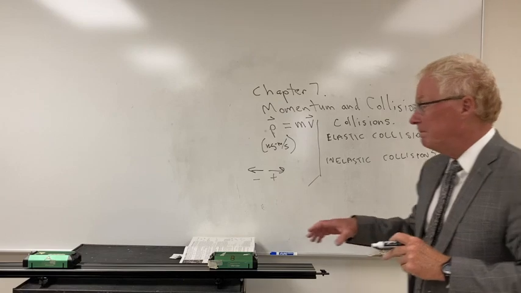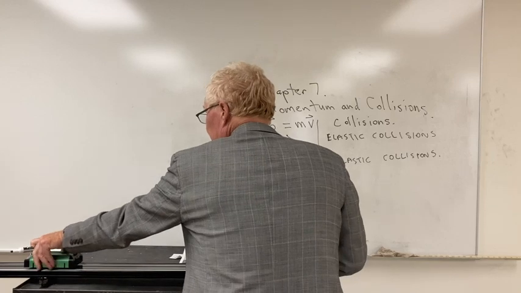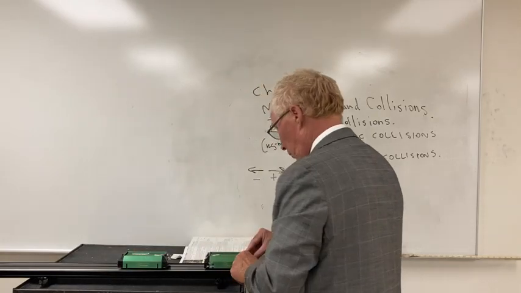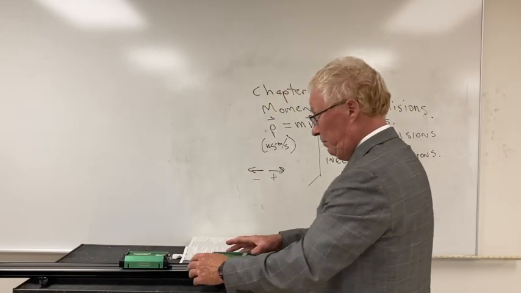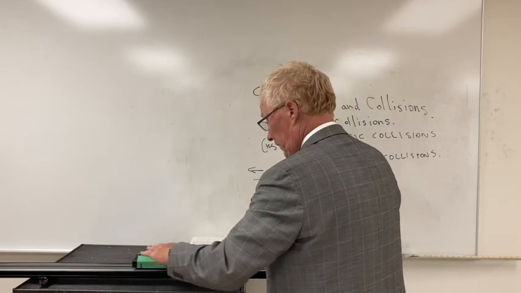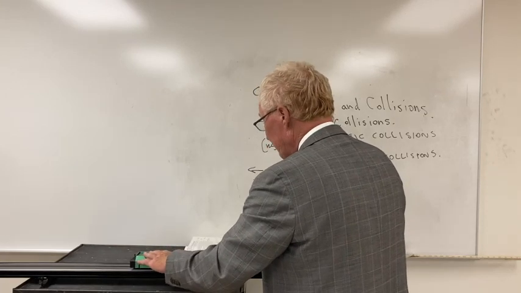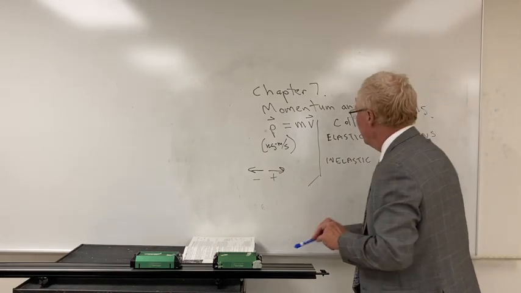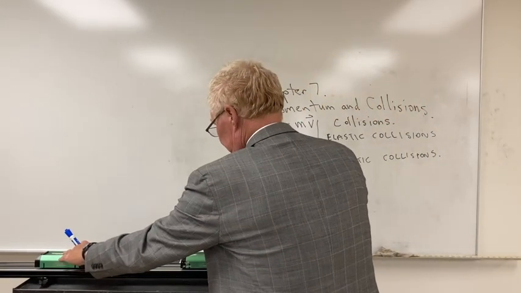And to make it simpler, we're going to talk about an example here of elastic collision. I have these two carts. On one side, there's Velcro, so they can stick. On the other side, we have two magnets that repel each other, so they can actually sort of bounce off each other without actually touching. So we're going to go to the extremes: totally elastic collision and totally inelastic collision. In this case, let's look at this, right?